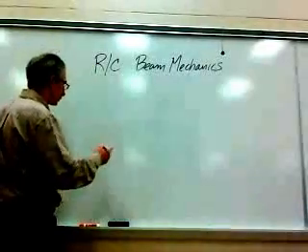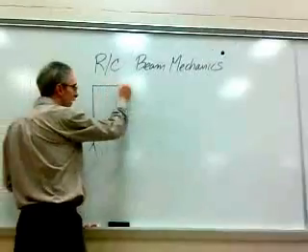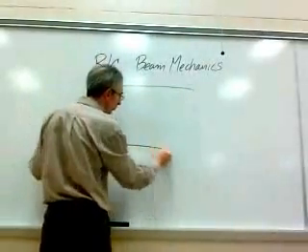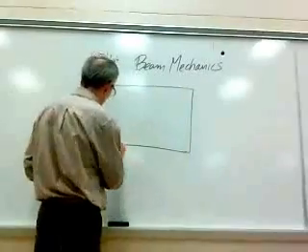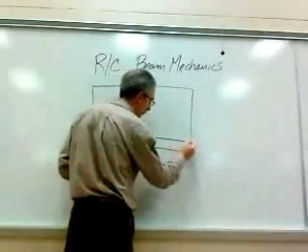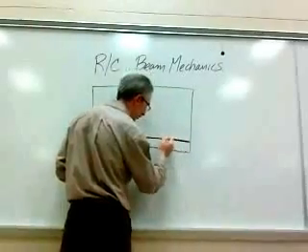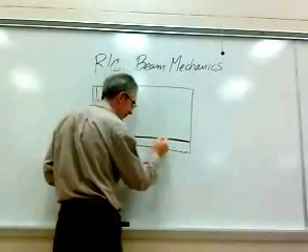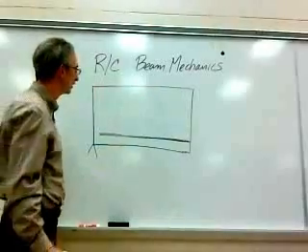So, what's going to happen with a concrete beam? Well, we'll sort of draw that cross section that was up there for the general review of beam mechanics, but this time here's my layer of steel that's down in the tension side.